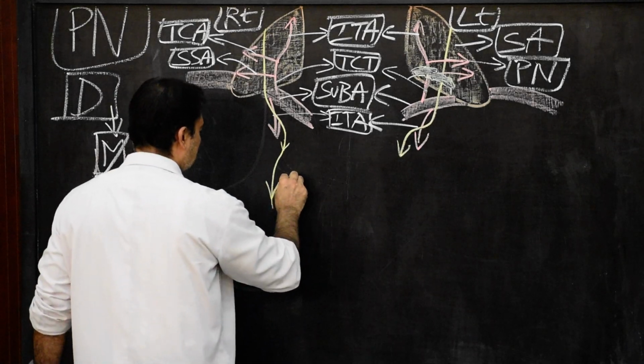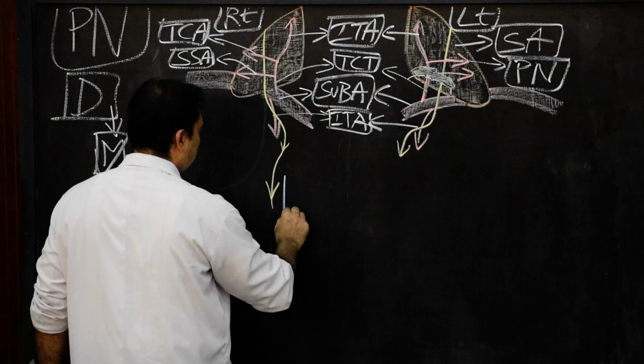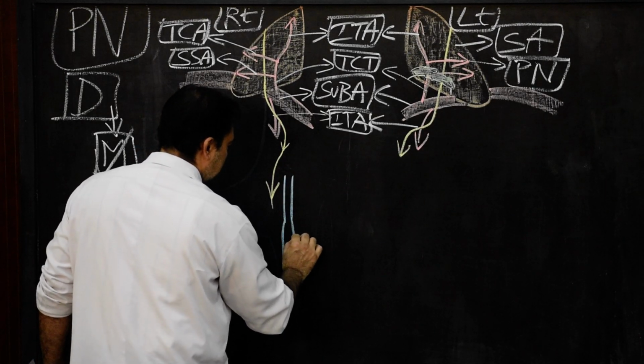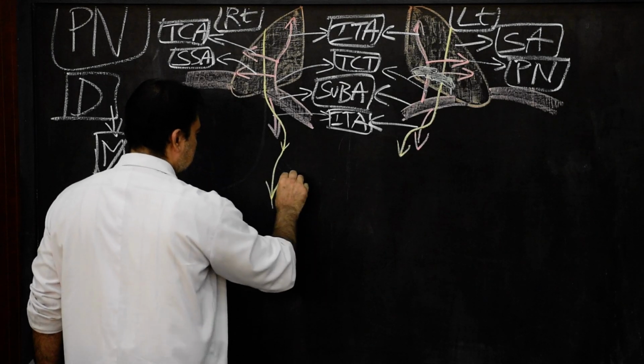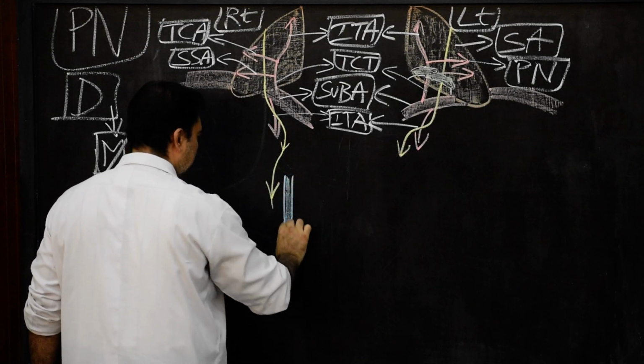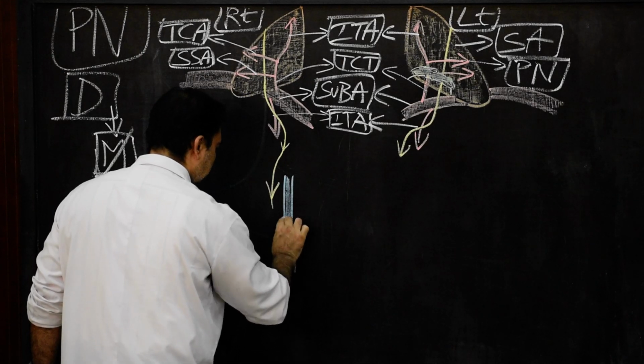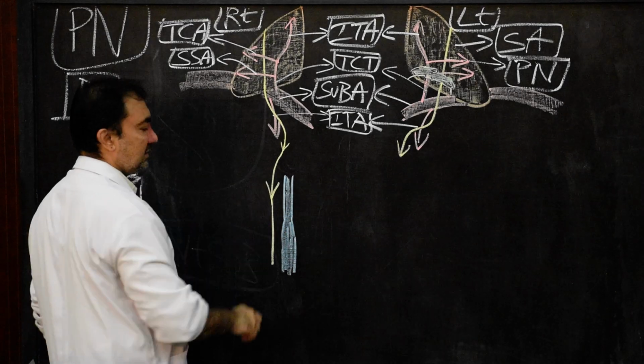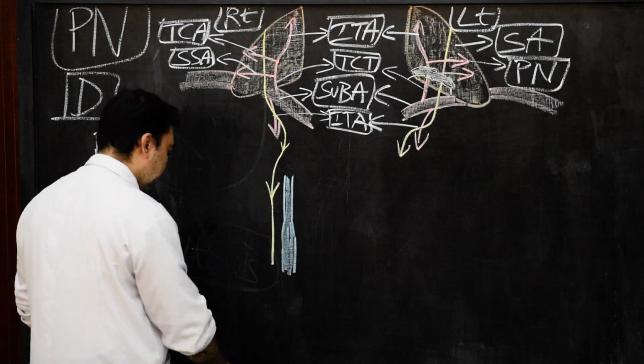So here if we draw the right brachiocephalic vein, and then the superior vena cava, this is the right brachiocephalic vein, and over here this is the superior vena cava. So the phrenic nerve is traveling on the right side of the right brachiocephalic vein and superior vena cava.